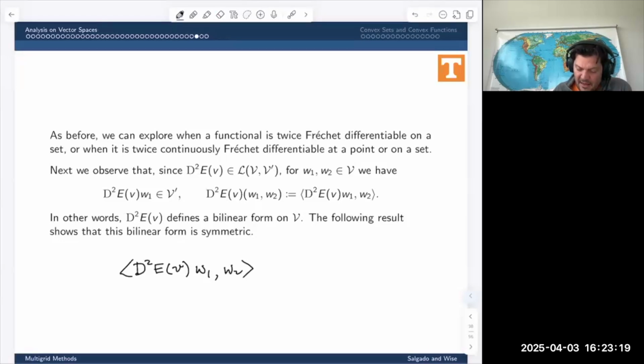That thing is finally going to be a real number, because this object here is in the dual space. So once we apply that to w2, that gives us a number in R. But now we step back and look at it for just a second, and we realize this looks like it's actually defining an operation on two variables into R. So what kind of operation would that be?